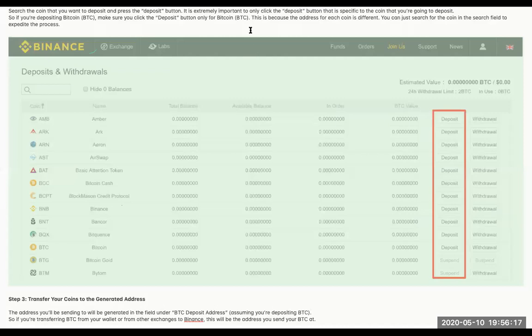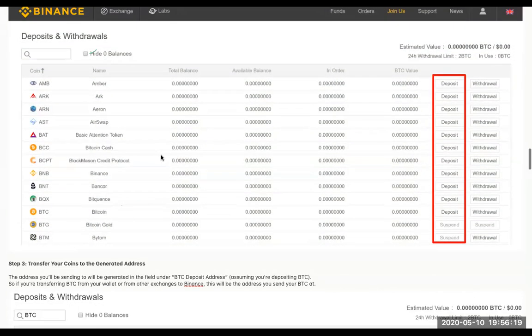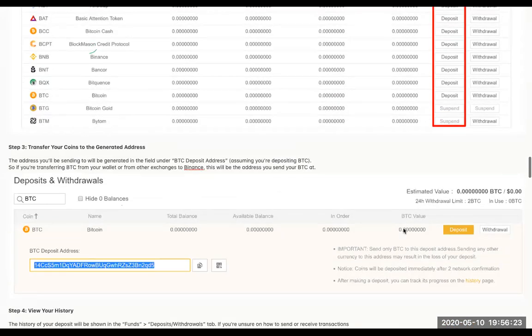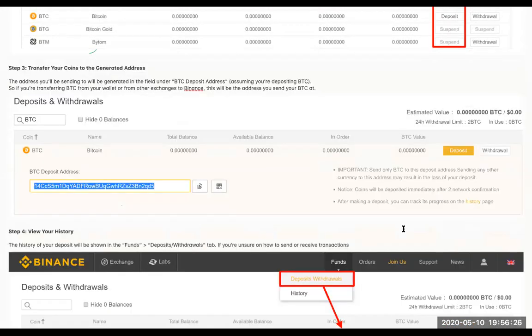Then after writing BTC, you will see the word deposit. After that, you will transfer your Bitcoin from external wallets. Maybe it's a Bitcoin blockchain wallet, or a Trust Wallet, or MetaMask, or it's coming from any different offline storage.